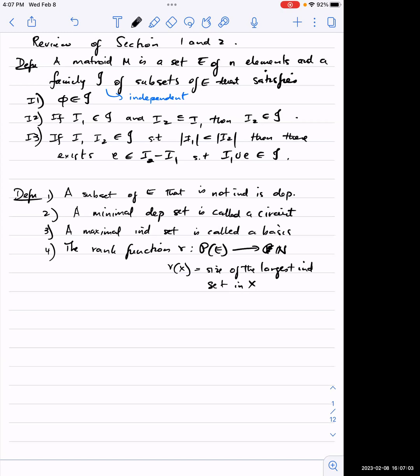So the circuit axioms, and this we did on the first day, first week.